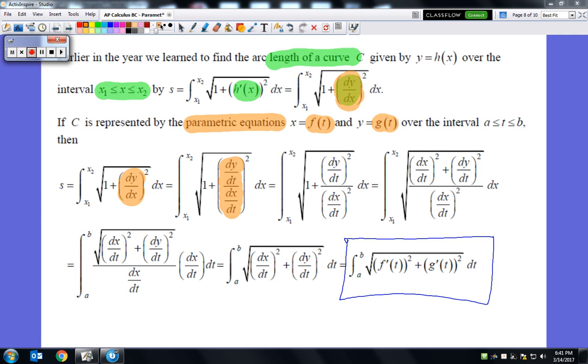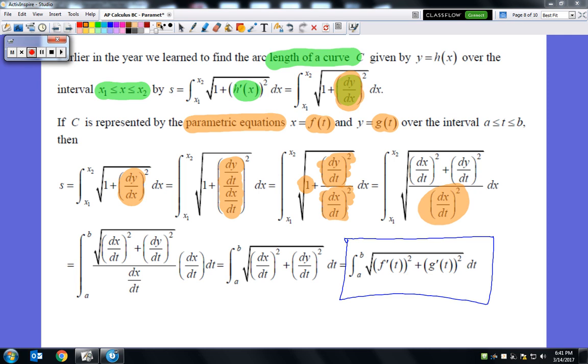This squared is going to apply to both the numerator and the denominator. And then you notice next we get a common denominator so that we can combine the numerators together. So it's like multiplying this 1 right here by a form of dx dt squared over dx dt squared. You see that we only have this one common denominator written.